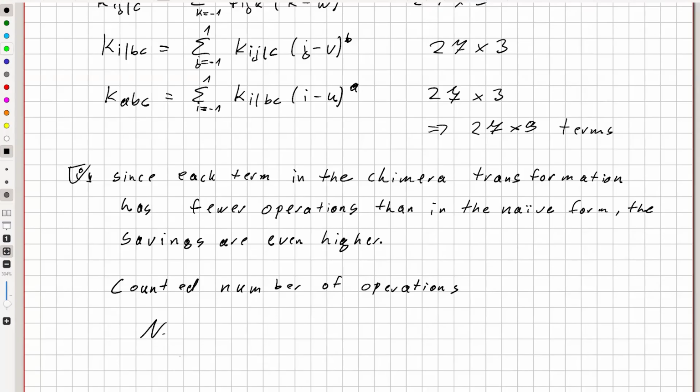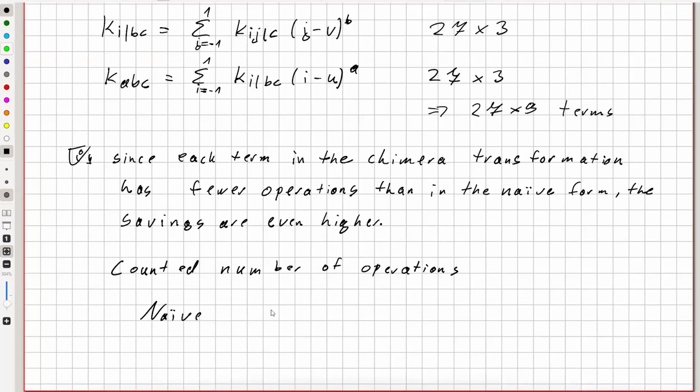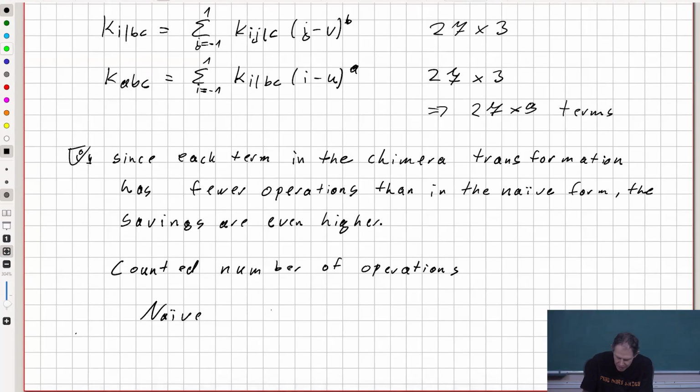The naive way has 1,482 additions and 1,452 multiplications.